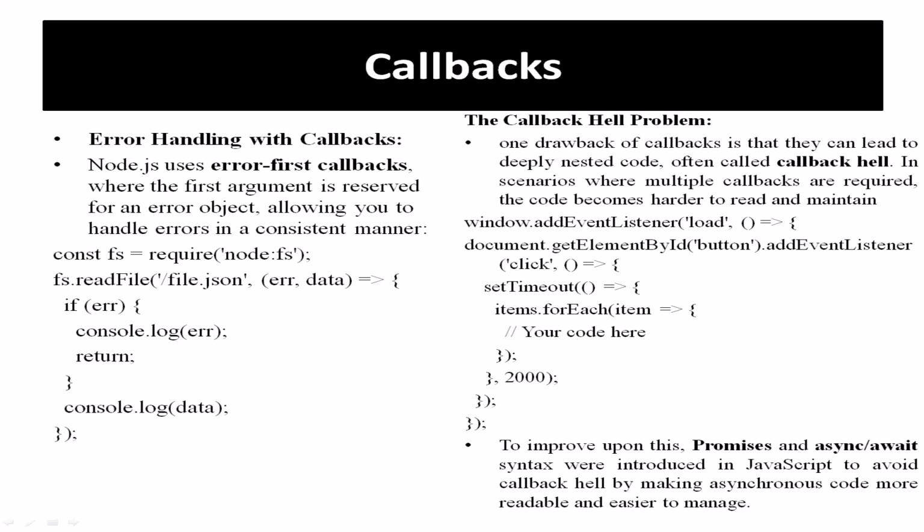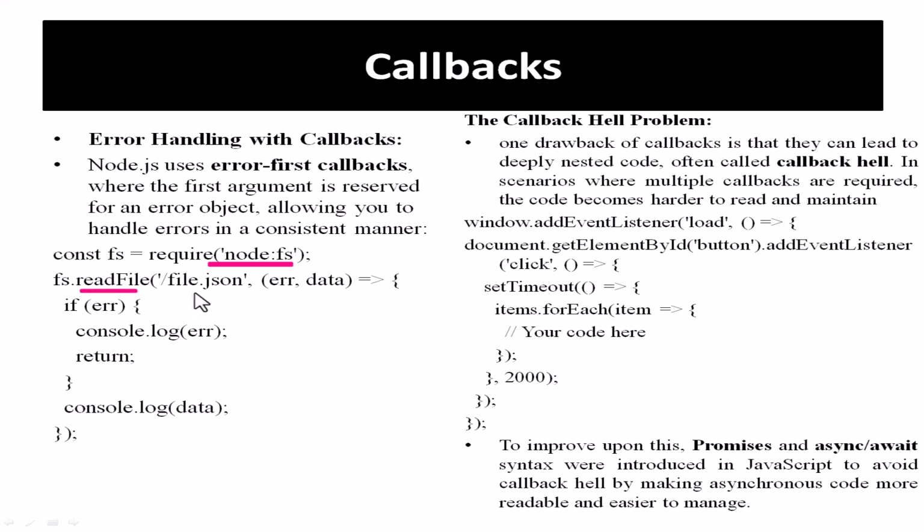Error handling with callbacks. Node.js uses error-first callbacks, where the first argument is reserved for the error object, allowing you to handle errors in a consistent manner. So here we have node:fs, which handles the errors in a consistent manner. Here we are going to use readFile, to read the file.